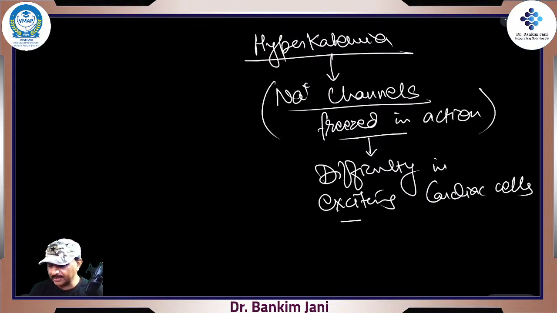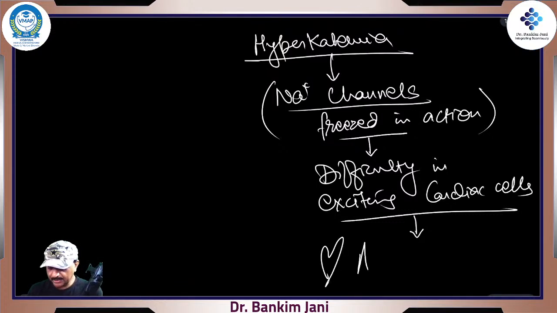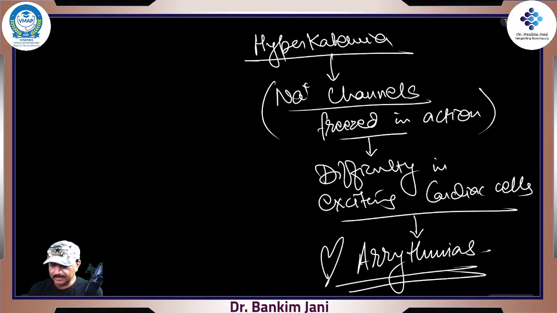When the cardiac cells are not excited, when they are not working, this will be fatal. This is what leads to cardiac arrhythmias. Immediately the heart won't stop, but because of this, a few cells are working, a few are not working, and it keeps on going and becomes worse and worse, right?